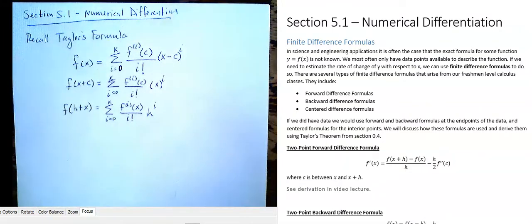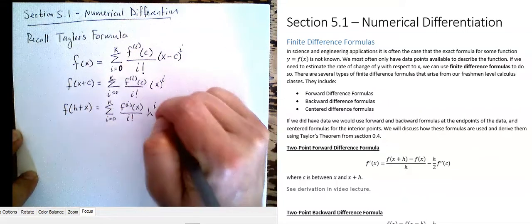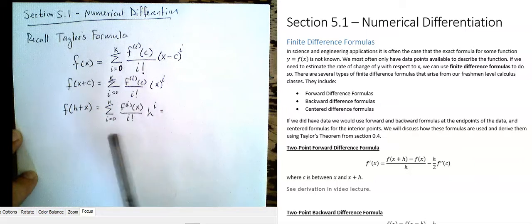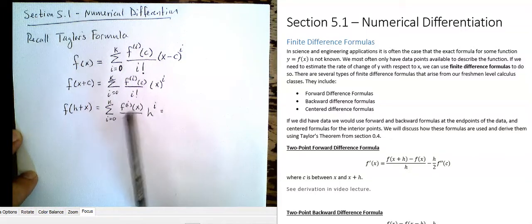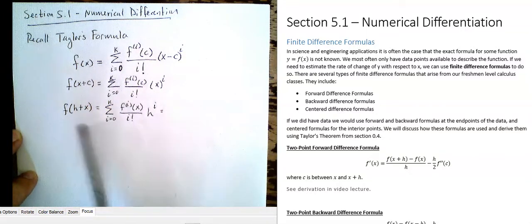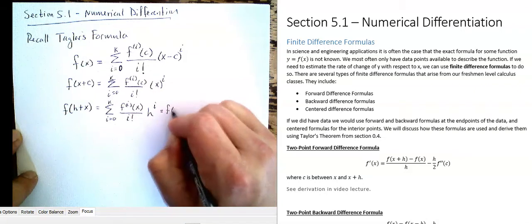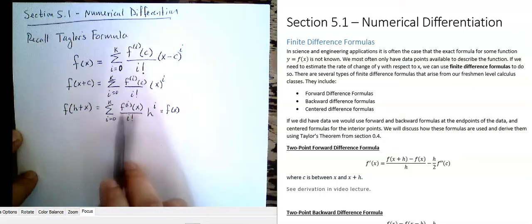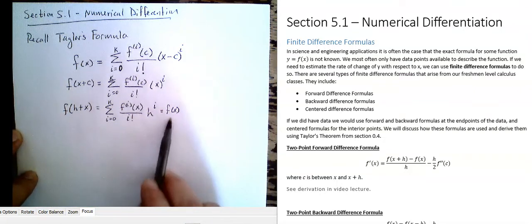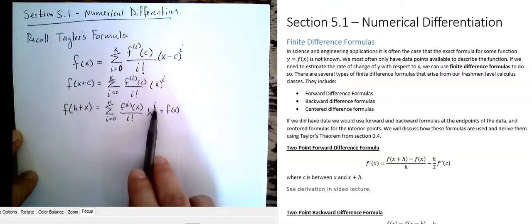Okay? This is going to set up for what we need for the forward difference. If we consider i to be 0, this would be the 0th derivative of f, which is just f. So f of x over 0 factorial, which is just 1, and then h to the 0 is also 1.